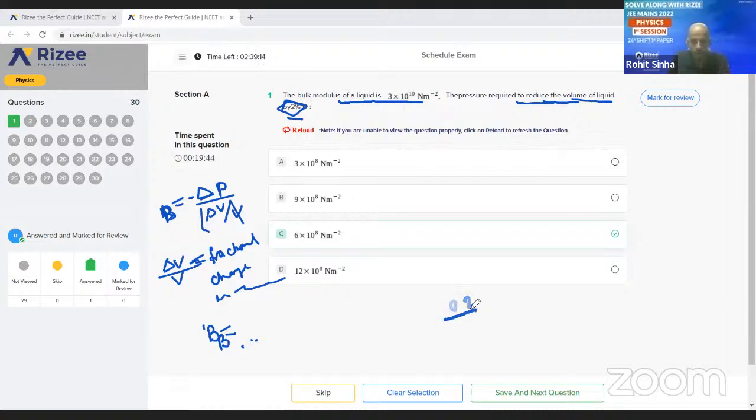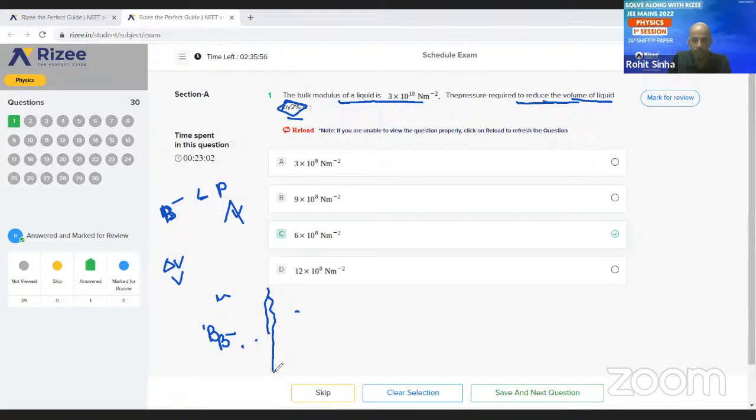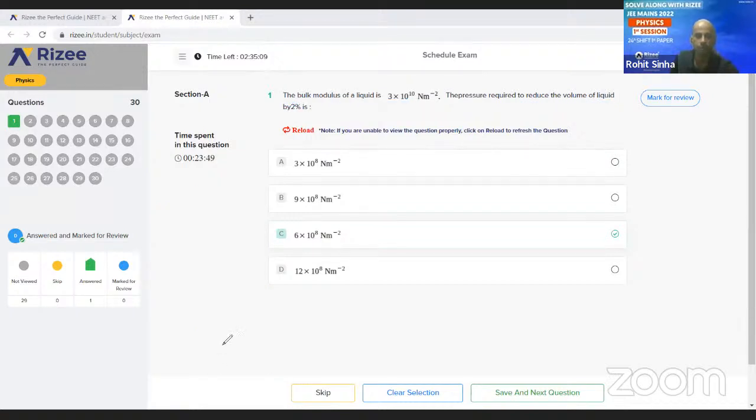The bulk modulus is given, and we know that the bulk modulus B is given as minus delta P by delta V by V. We all know this.